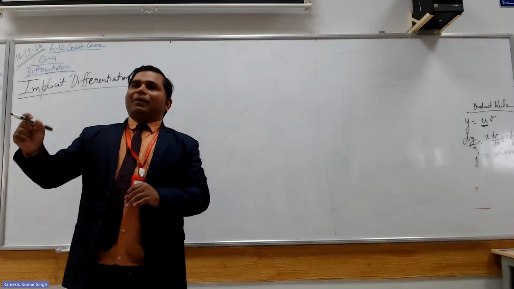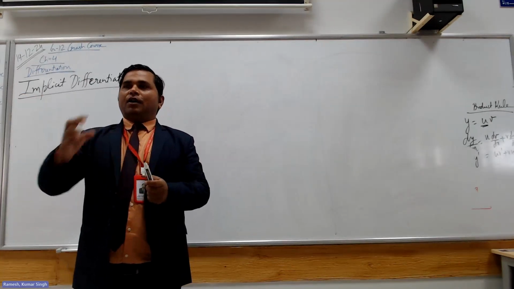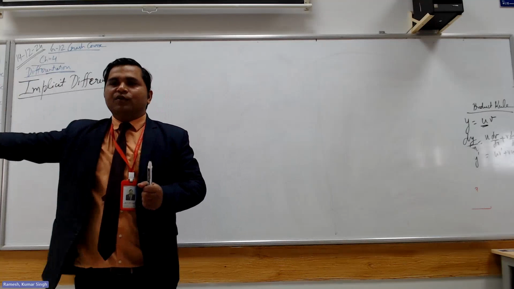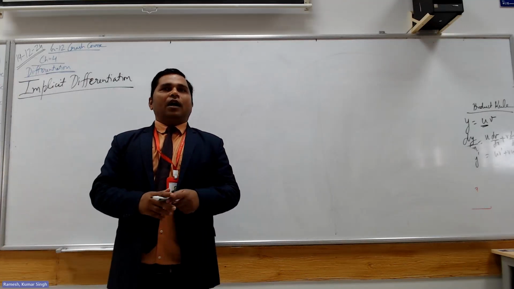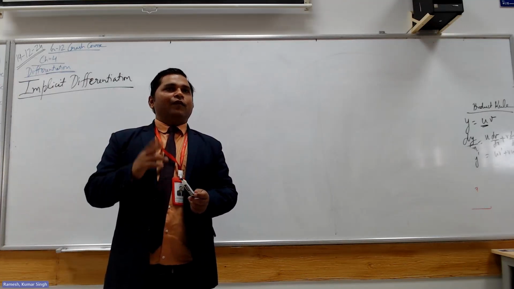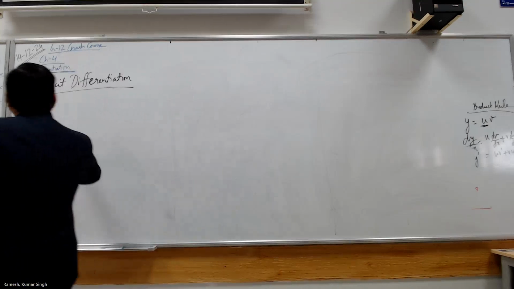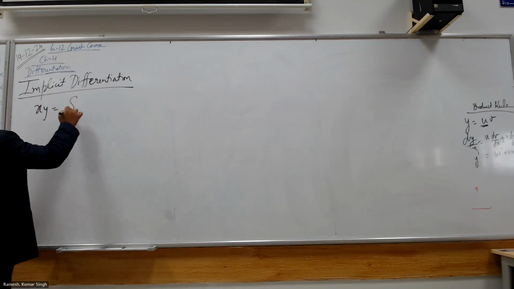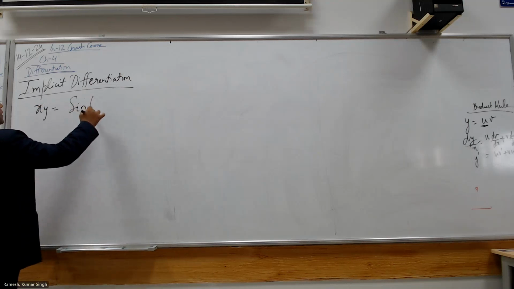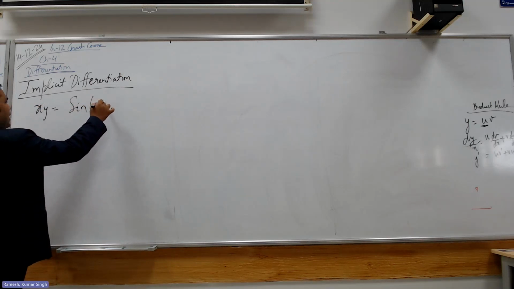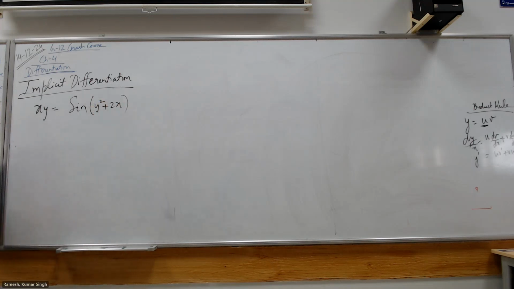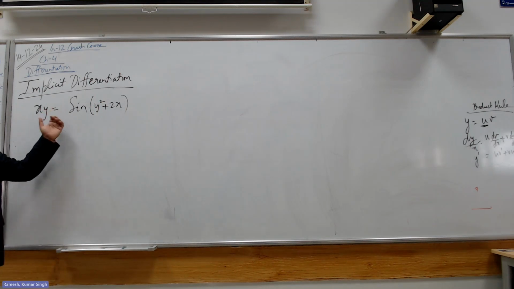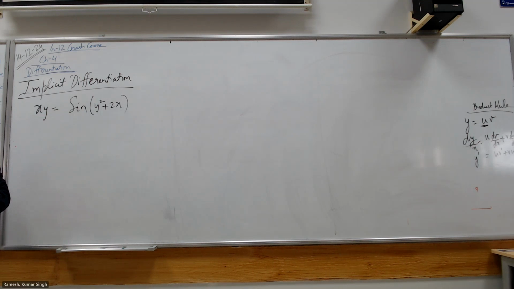What is an implicit function? Where you cannot make y the subject. You cannot write y in terms of x. Those functions are implicit functions. For example, if I write xy equals sine y squared plus 2x, are we able to make y the subject?